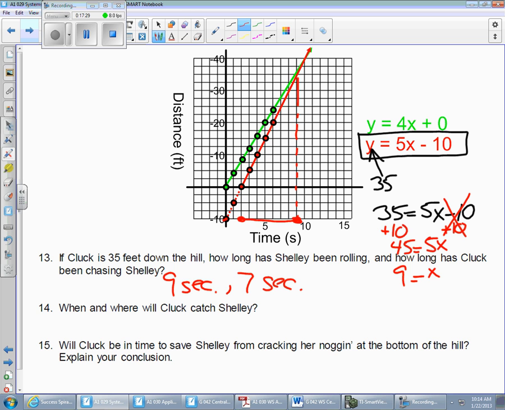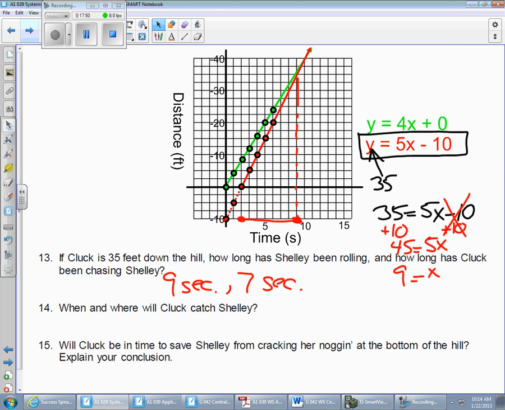When and where will Cluck catch Shelley? What can we do to figure out what will happen to these two lines? They're continuing to go up. Where would we find that they're going to catch each other? What would we see in a graph when one catches the other?